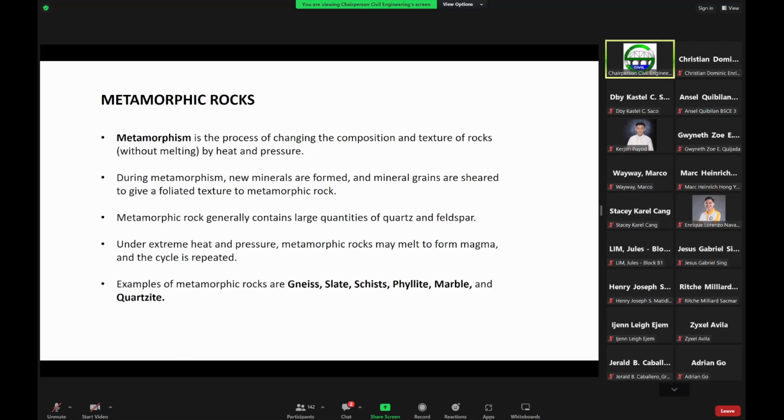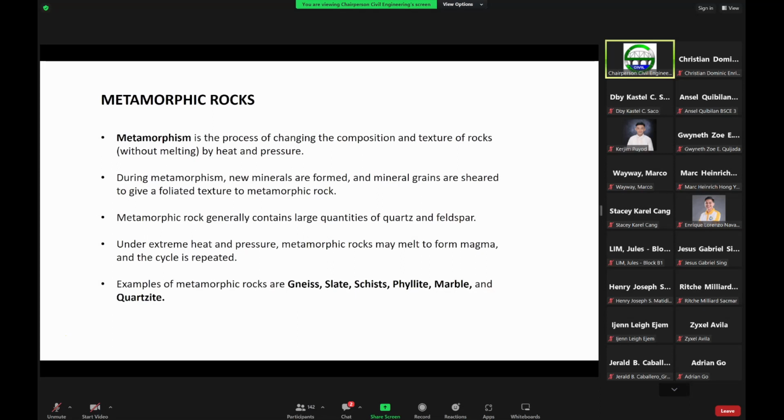During metamorphism, new minerals are formed and mineral grains are sheared to give a foliated texture to metamorphic rock. So this is where you see the foliations in rocks. Normally when you have foliations, these are sometimes metamorphic rocks.